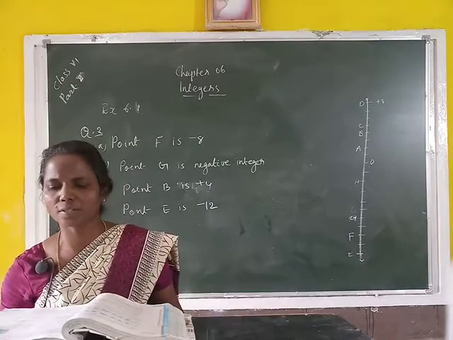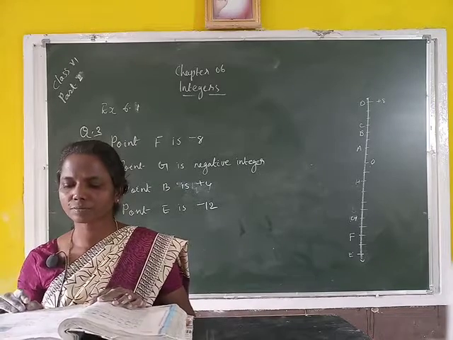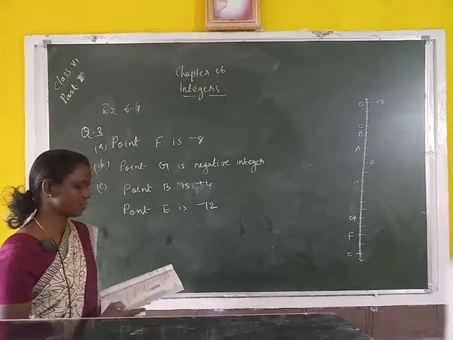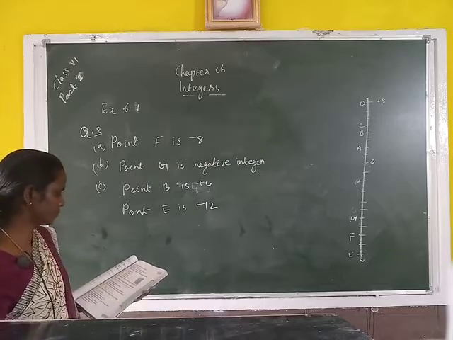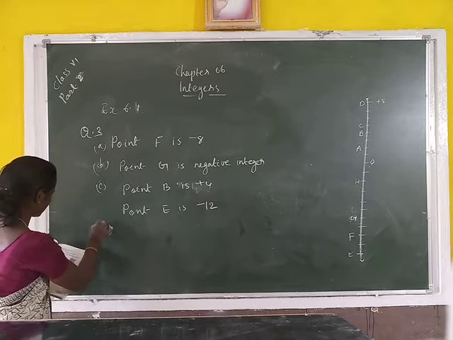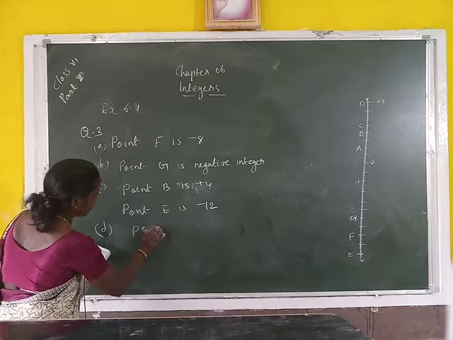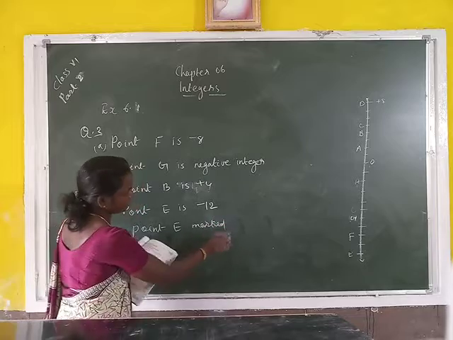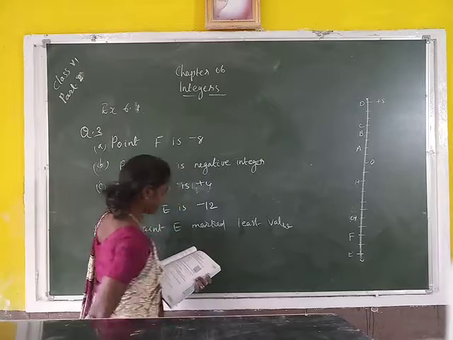The next question D: which point marked on this number line has the least value? Which is the least value? Point E is marked as the least value.